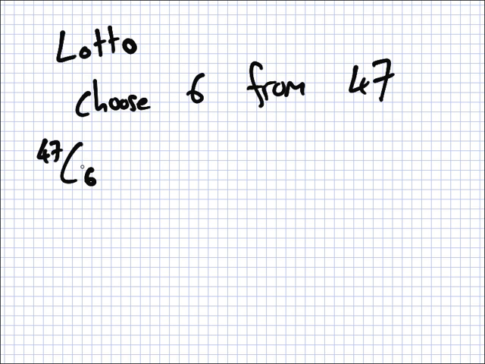Is it 10 million? 10.7 million. Yeah. So what does that make your chance of winning if you buy 1 ticket? 1 in 10.7 million. So don't expect to win. Pretty sure you won't with a 1 in 10.7 million chance.